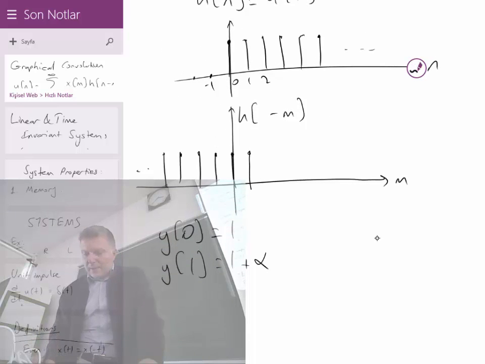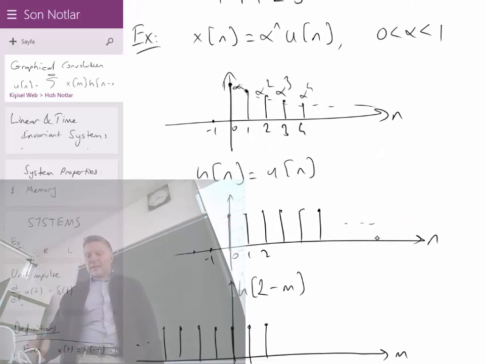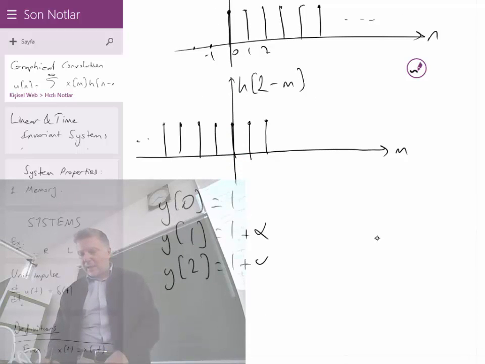Now, let's take a look at h of 2 minus m, which is one more shifted towards right. Now there are 3 terms that are added. 1 times 1 plus alpha times 1 plus alpha squared times 1. So the answer is y of 2 is equal to 1 plus alpha plus alpha squared.